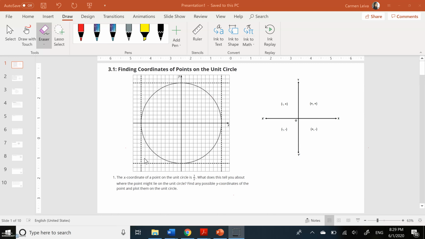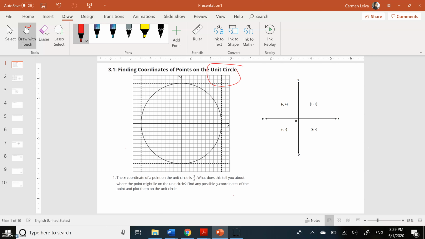So first of all, let's just go over here what they're asking you. It says finding coordinates of points on the unit circle. So the first thing I want to clarify right here is that this word unit circle refers to circles that have a radius of 1. That's all.